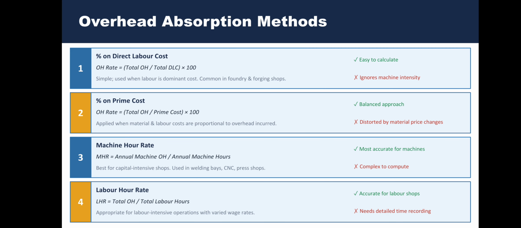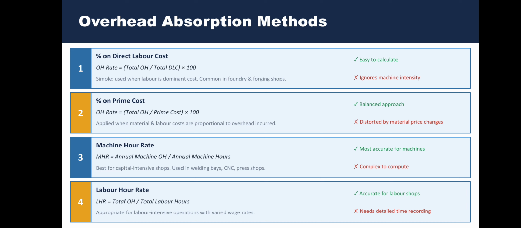The overhead absorption methods are: first, on direct labor cost; second, on prime cost; machine hour rate; and labor hour rate. Overhead rate is equal to total overhead divided by total DLC, direct labor cost, into 100. Used when labor is the dominant cost, common in foundry and forging shops. Easy to calculate. The percentage on prime cost: overhead rate is equal to total overhead divided by total prime cost into 100.